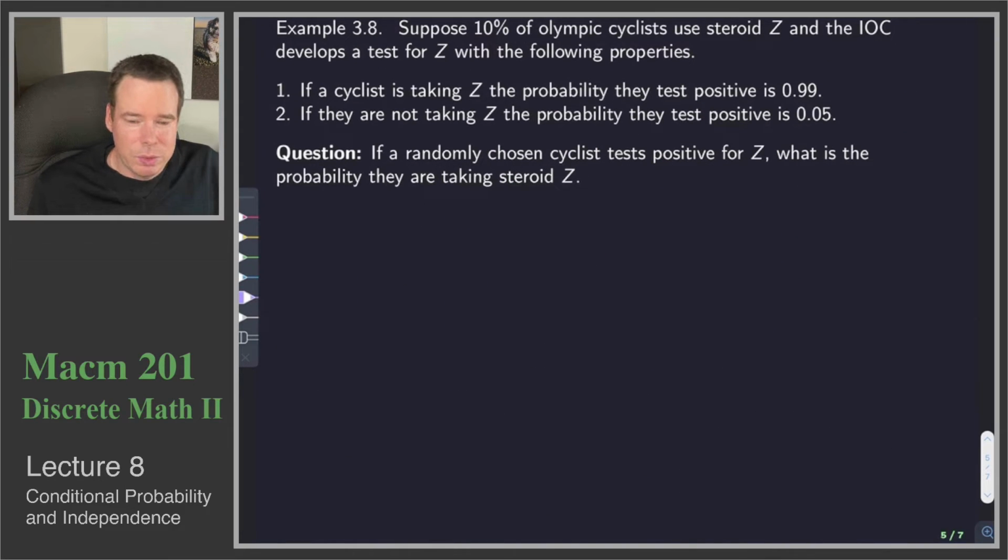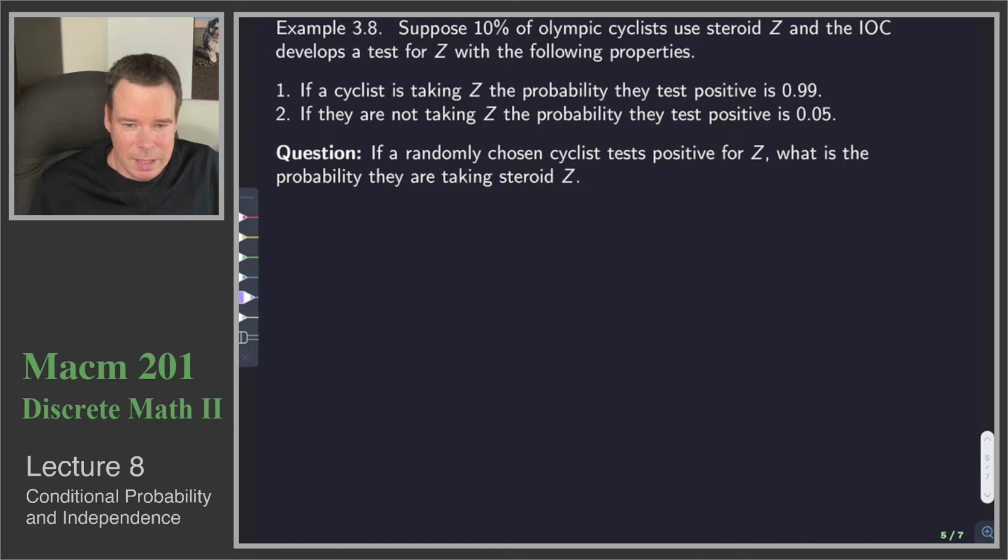So we're going to suppose, in this hypothetical situation, that 10% of Olympic cyclists use a particular steroid called Z. So these are all made up numbers, but this is just to illustrate how these kinds of ideas get used. So the IOC has developed a test for Z with the following properties.